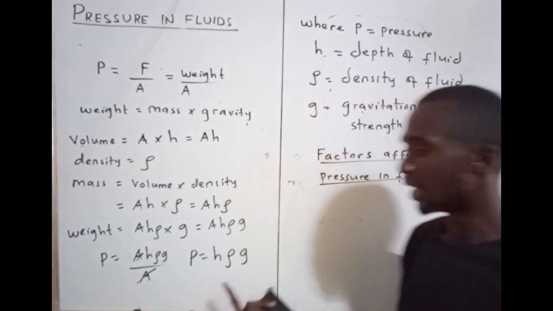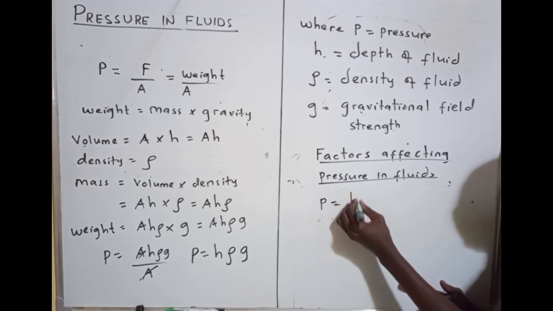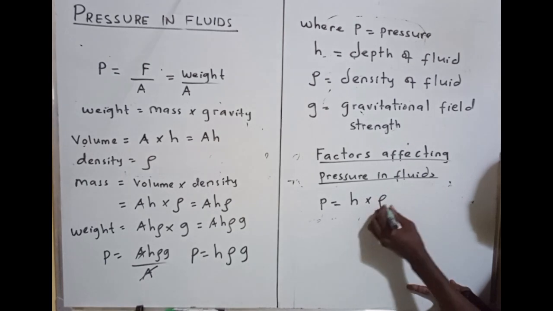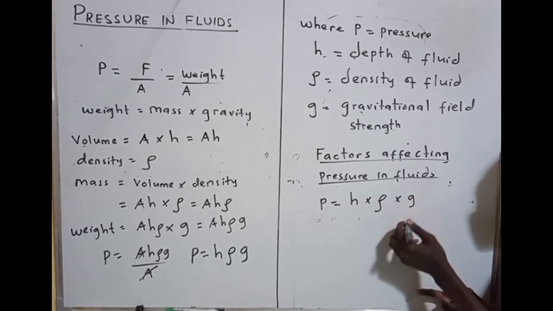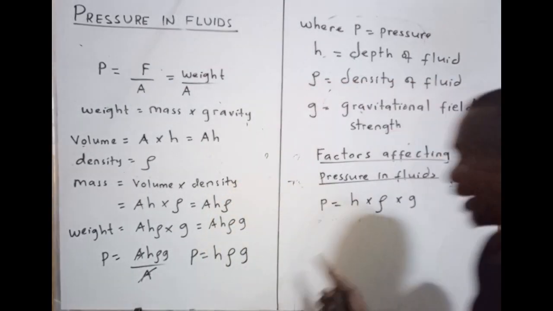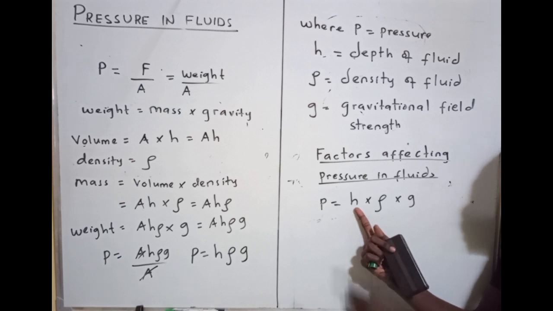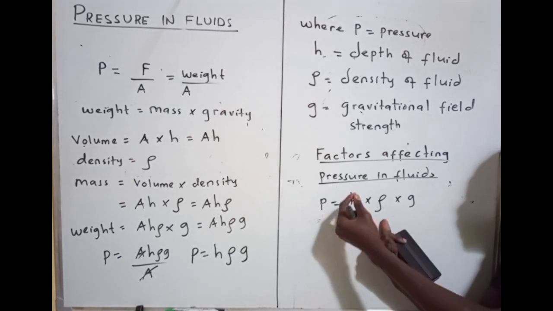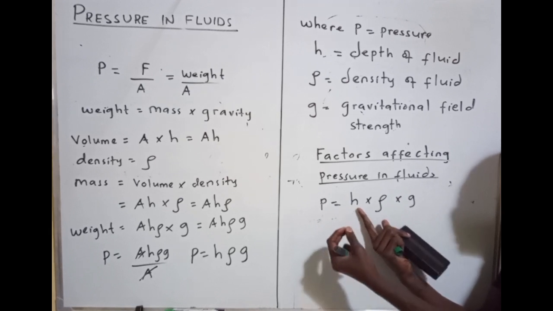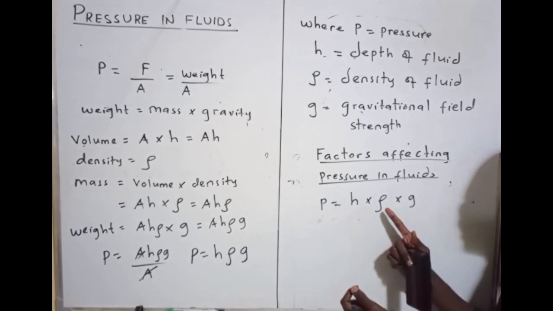The pressure P is equal to the height, that is the depth of the fluid, multiplied by the density of the fluid, multiplied by the gravitational field strength. So the first factor is the depth of the fluid. When you have a large depth, the pressure is also going to be large. The pressure in liquid or any given fluid is always increasing with the depth of that fluid inside the given container.